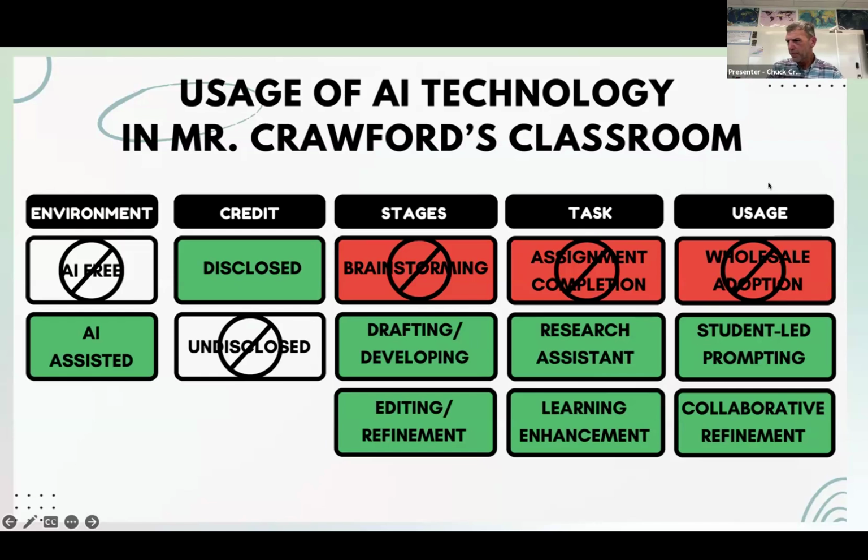I'm curious, Bridget, about the environmental impact of AI. Can you say more about that? Yeah, so in order to run these huge centers where they keep all this information, and I'm not going to use the right terminology, they use a lot of water to cool the system.